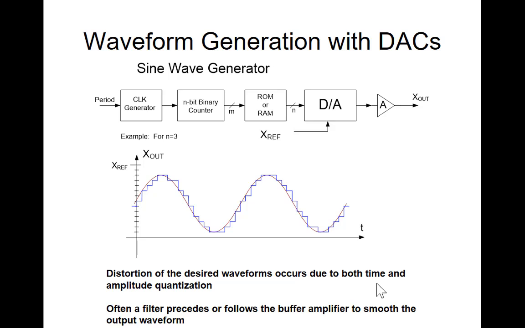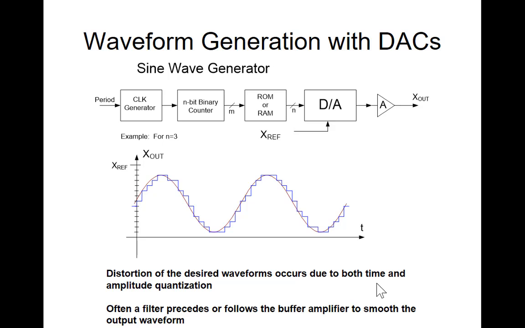We have some distortion of the waveform that's occurring, or I should say perturbation of the waveform that occurs due to both amplitude and time quantization. I can't put outputs infinitely fast. So I put an output here, then I have to wait a little bit till I get the next output. So that's a time quantization effect. And I only have so many levels of resolution on my DAC. That's an amplitude quantization. Now notice on this output here, I have steps of different sizes.